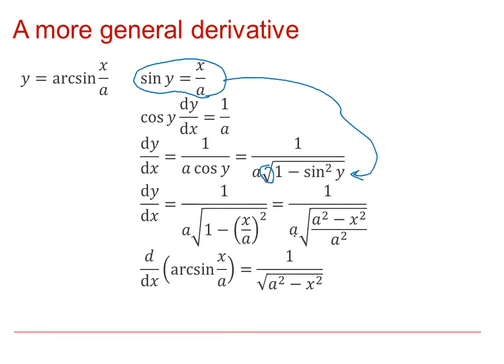And you can put an extra step in here. In this extra step, we've taken 1 minus x squared over a squared and put it over a common denominator before bringing the a back inside the square root as an a squared. So that is the derivative of arcsine x over a.